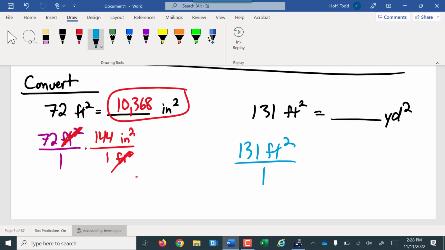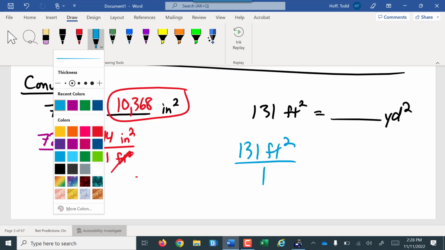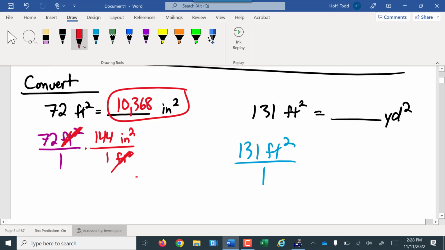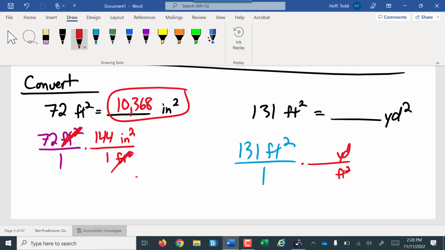I'll give you a second to do the square feet into square yards. Square yards, I just divided by 9. Perfect. Yeah, square feet on bottom, square yards on top. 1 square yard is 9 square feet, or 3 by 3, which is 9. I got 14.6. 14.6?